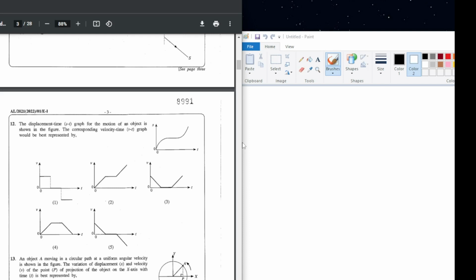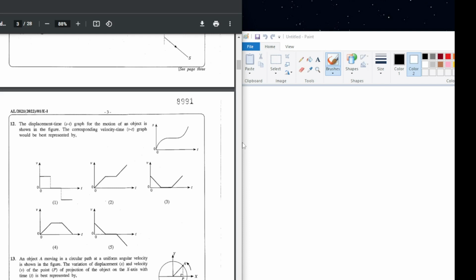So deceleration is shown by the answers 3 and 5.